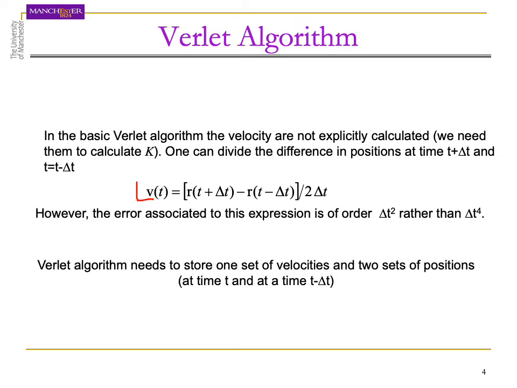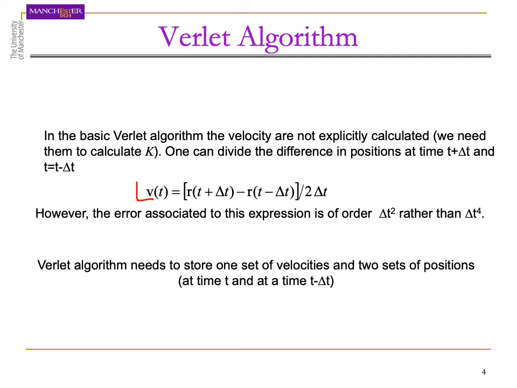Basically, the velocity at the time t is obtained as the finite difference between the new position just obtained from the Verlet algorithm at time t plus delta t, minus the position at the previous time step t minus delta t.